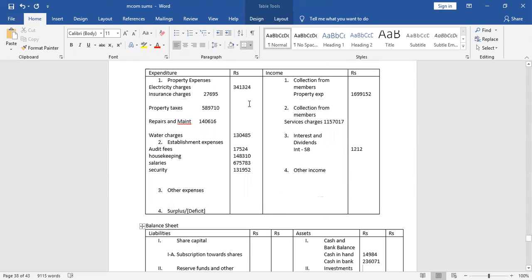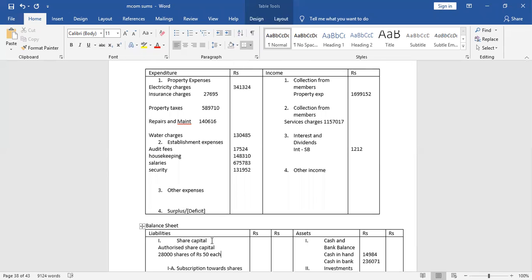So we'll go to the share capital and write authorized share capital, 28,000 shares of rupees 50 each.